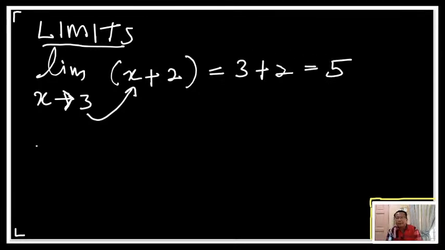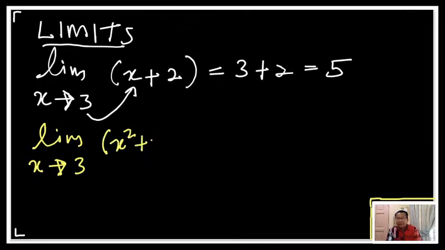Let's look at another example. Let's say we have limit as x approaches 3 of x square plus x plus 2. Now we have 2 x's, but don't worry, we substitute 3. Whatever is here, it doesn't matter. If you have a pen, you substitute pen into x. If you have a house, you substitute a house. If this one is pi, substitute pi. 3.2, you substitute 3.2.